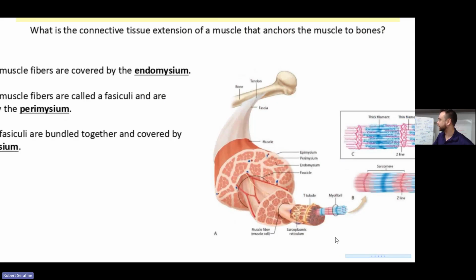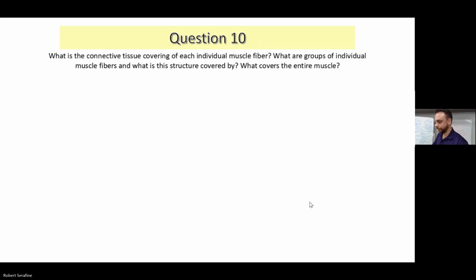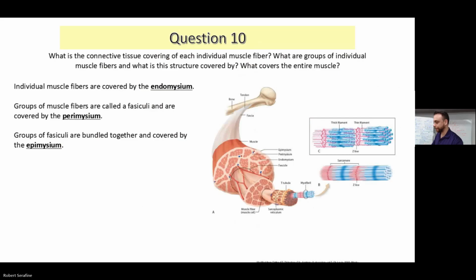Then we have this single muscle fiber, which we've already seen, and it contains the sarcoplasmic reticulum, the sarcolemma, the sarcoplasm, the myofibrils, and lots of mitochondria, as you might have noticed in the previous slide.